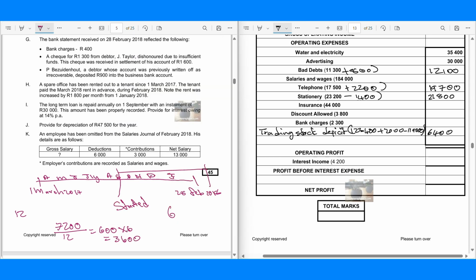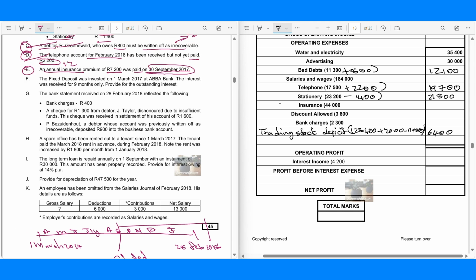Let's confirm. Since it was started to be paid in September, right? Where is the insurance there? The annual premium was paid on 30 September 2017.